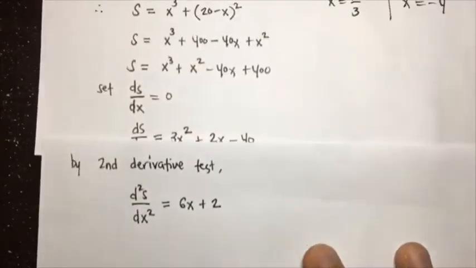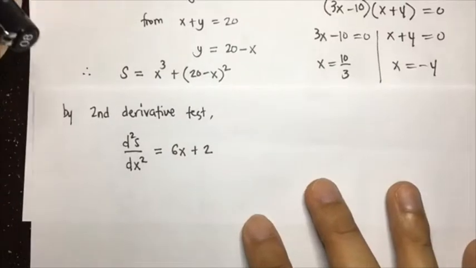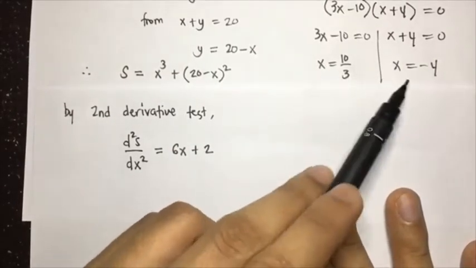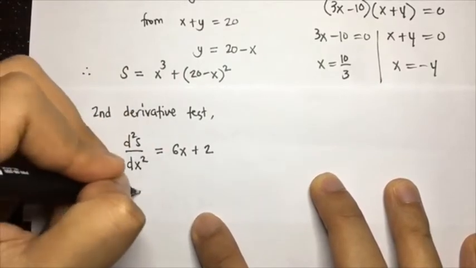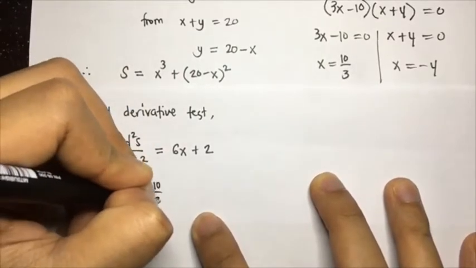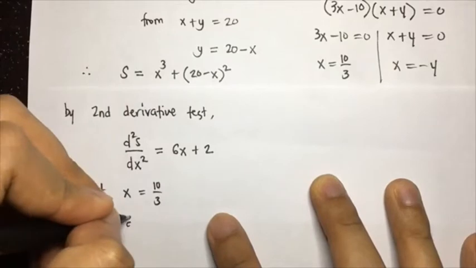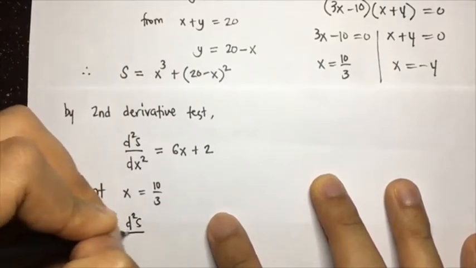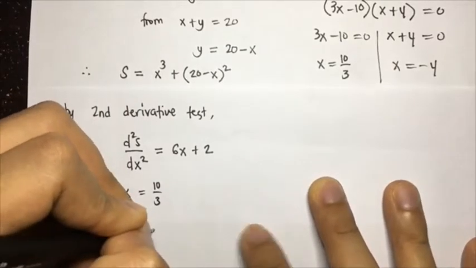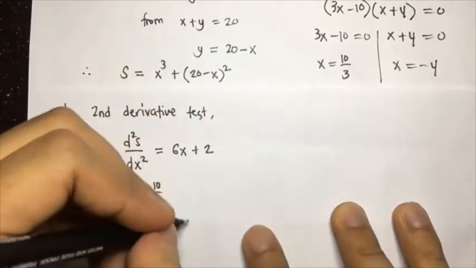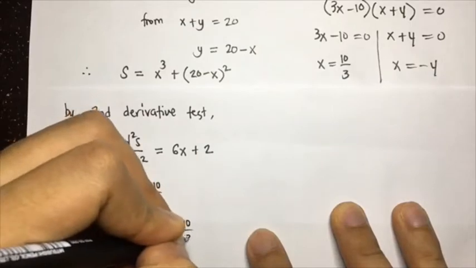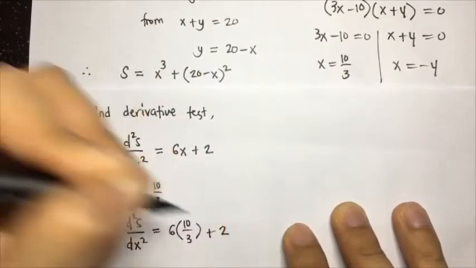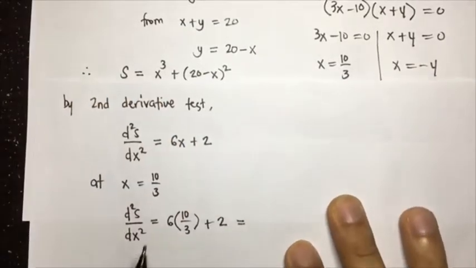Next, we test these 2 points. At x is equal to 10 over 3, our second derivative, d squared s over dx squared, is equal to 6 times 10 over 3 plus 2.